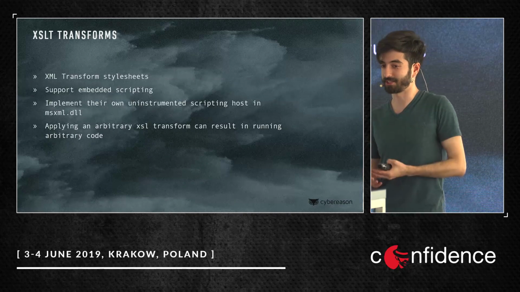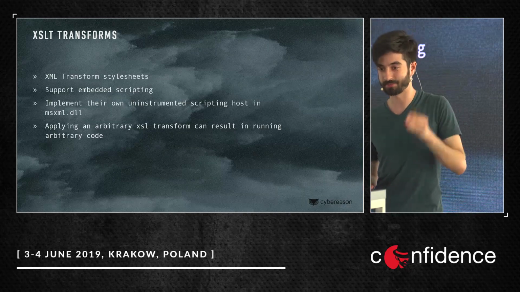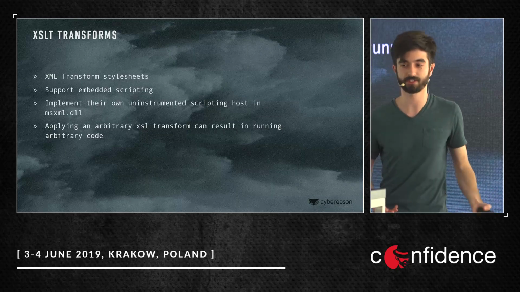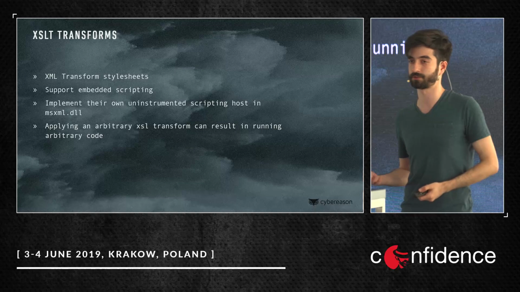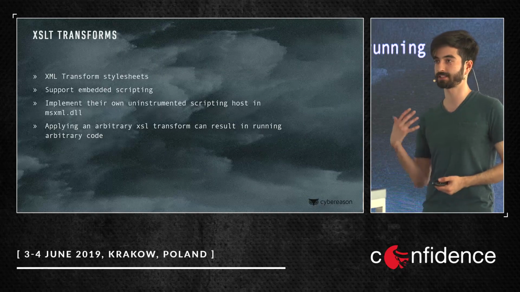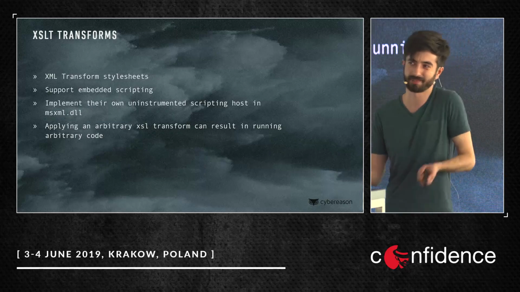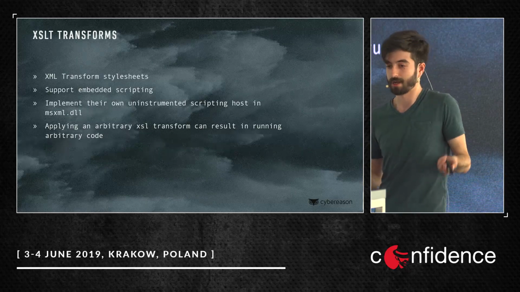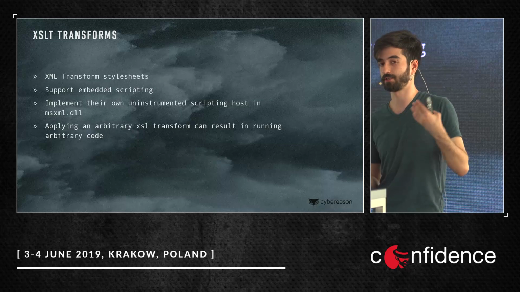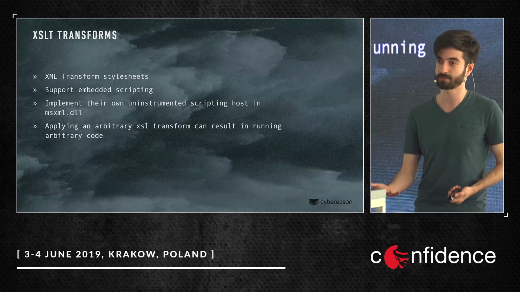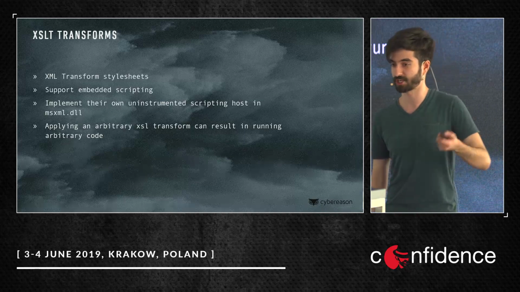And the scripting host for MSXML is implemented in the MSXML DLL itself and does not support Device Guard, meaning that the moment you are able to apply the XSLT transform of your choice to an arbitrary XML file, does not really matter which XML file it is, you could run your script, not be intercepted by Device Guard, use something like DotNetToJScript, and that's it, you're running arbitrary assembly.